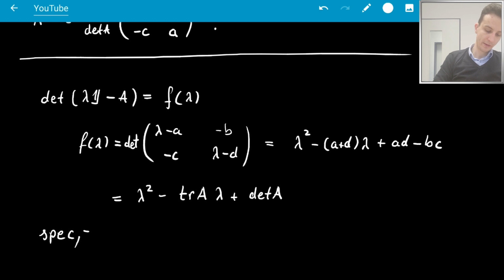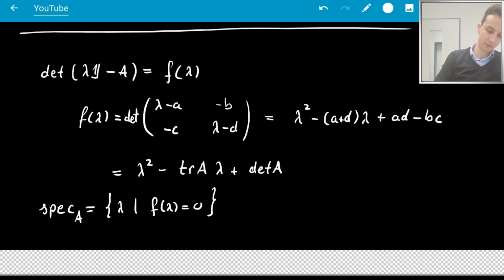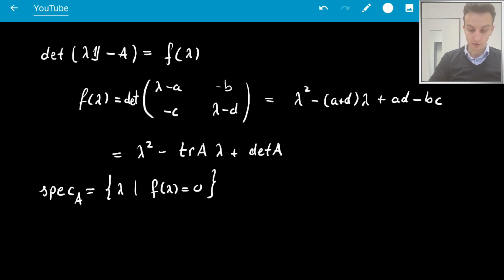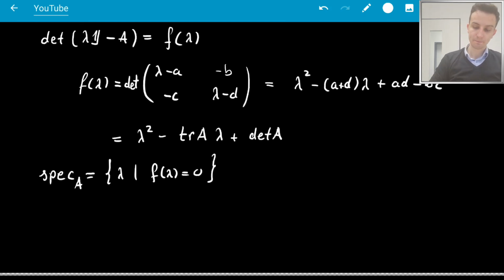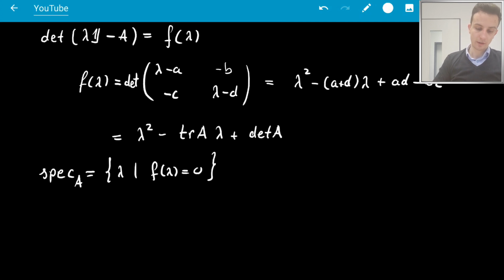Perhaps I'll write it a bit more mathematically. So the spectrum of A is the set of lambda such that f of lambda equals 0. And, well, f of lambda equals 0 is just a quadratic. So we get 2 zeros.